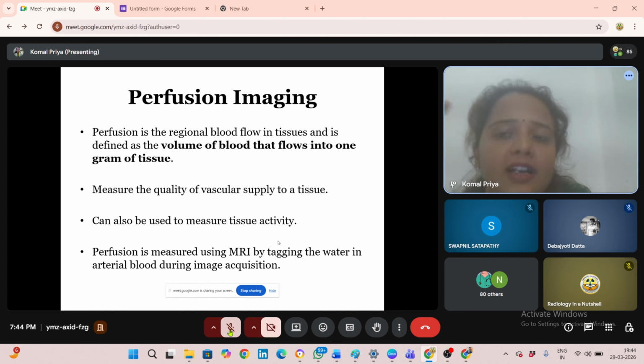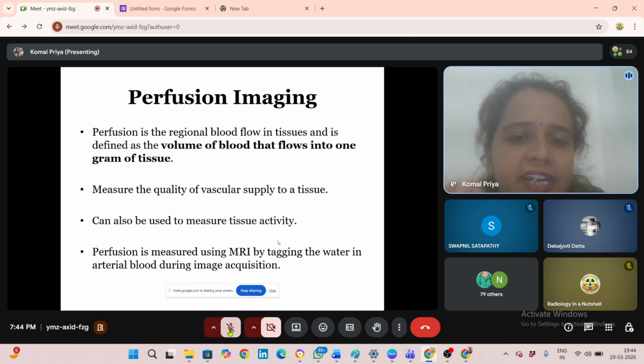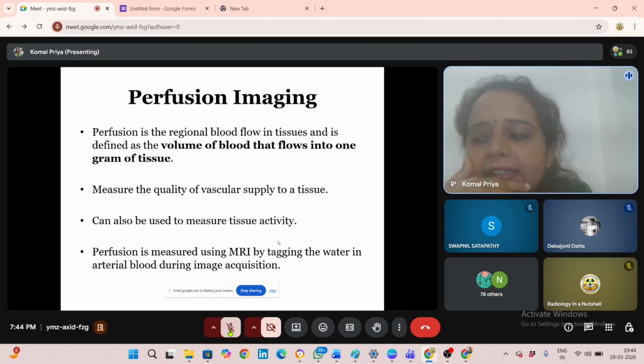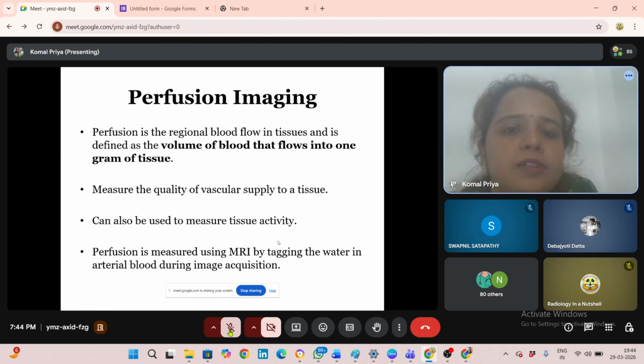Unless you are clear with the flow, you will not understand this. So if you have not studied the basic principle and the sequences, go and refer to them once more before listening to this. I don't have time to cover all those things, so we'll continue with our perfusion imaging.